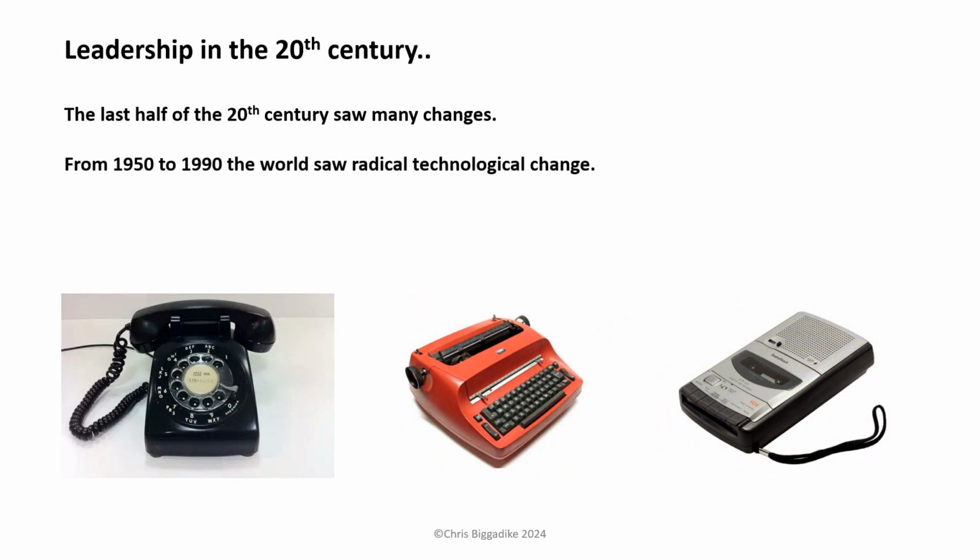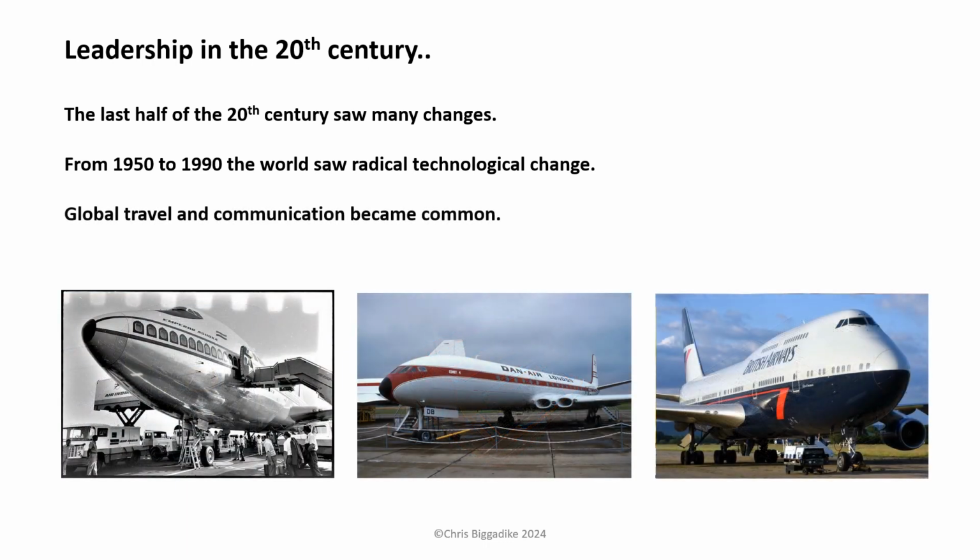From around 1950 to 1990, technology started to move away from mechanical and simple electrical components towards microchips. Global travel started to really take off in the 1970s and 1980s. Global communication moved from landlines to mobile phones.